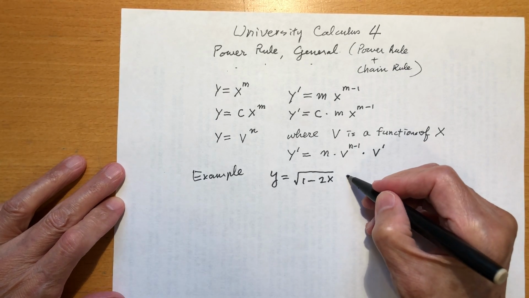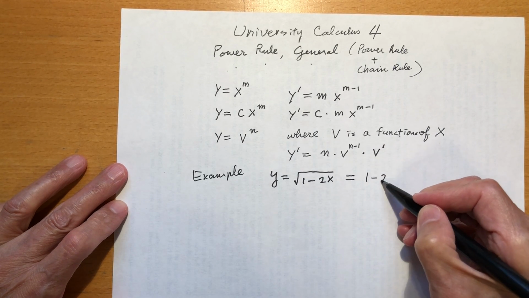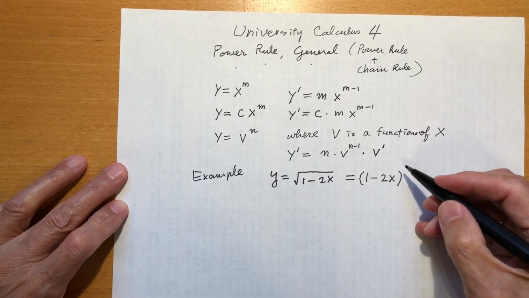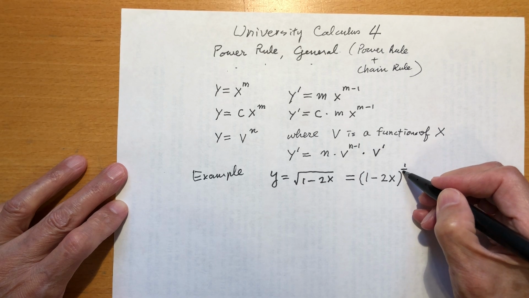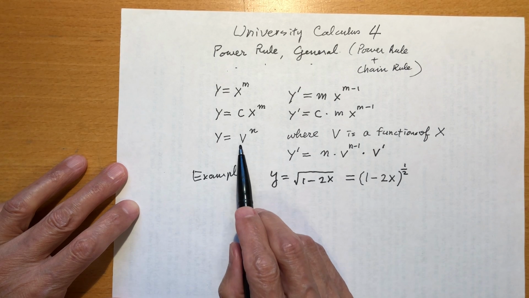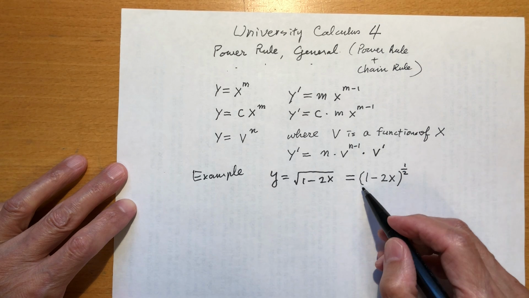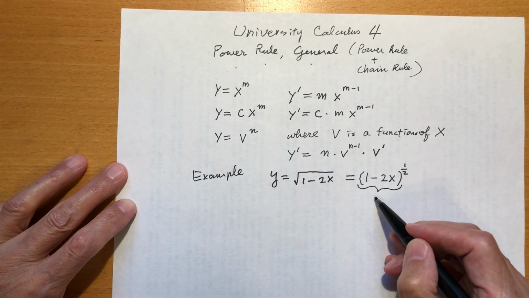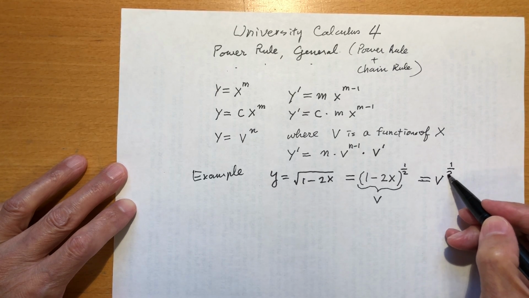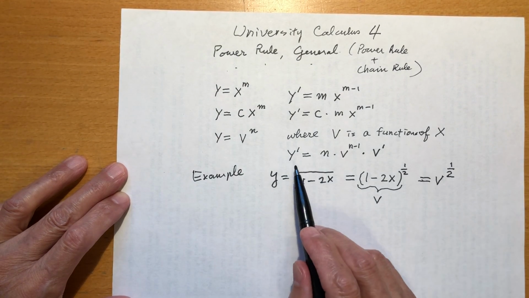Look, this y can be written as 1 minus 2x, instead of radical, I write exponent. Then this form is a form like this. Y is v to the power n. So this part is v. I call this v to the power 1/2. Then just use this formula.